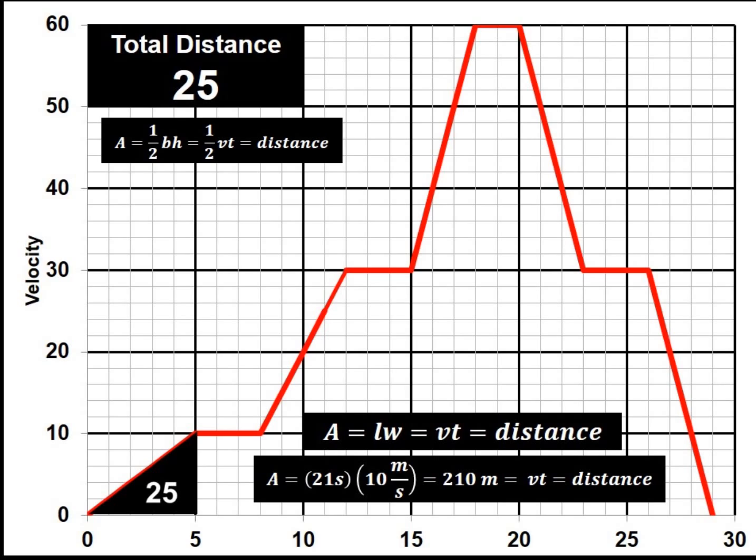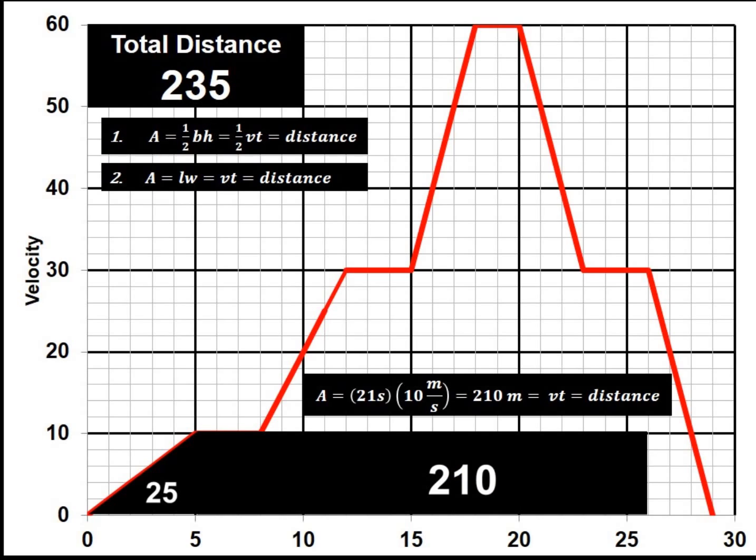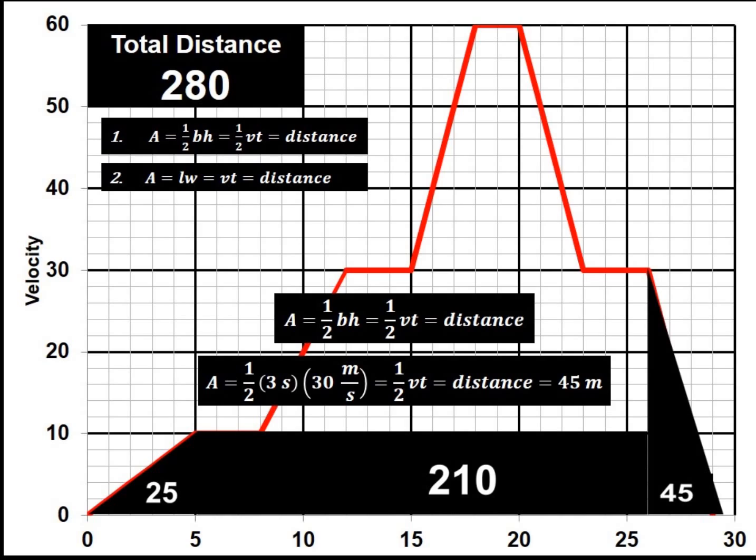That's how you find the area of a rectangle. Well, the length is going to be time, and the height is going to be velocity. So that's going to be 210 meters. Okay, 210 meters. Because you have 21 times 10. So then you keep track of it. Now you have 235.